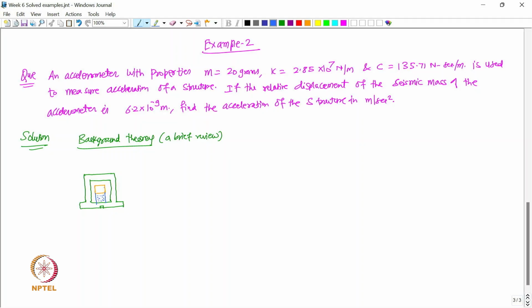Okay, and this is the seismic mass. So, maybe I can write here seismic mass and piezo disc. Okay. Now this accelerometer is mounted on the structure whose acceleration you want to measure. Let us say this is the structure.